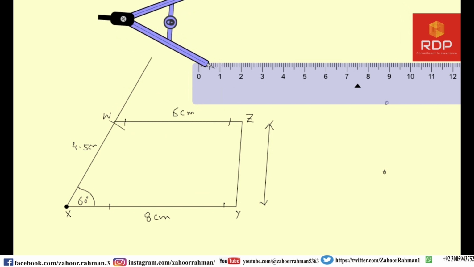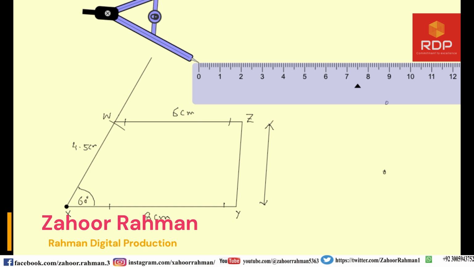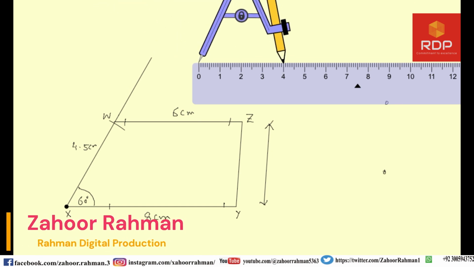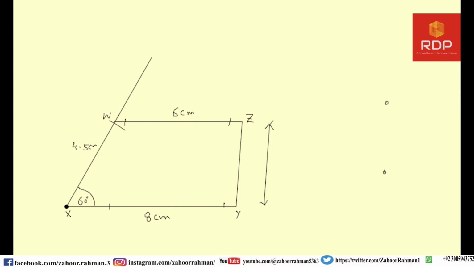First of all we have to bring the tip here, and then you have to see that it is with me almost 4 or 3.9. So this is the 4 centimeter with me.